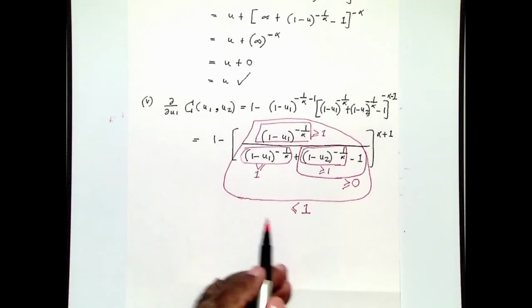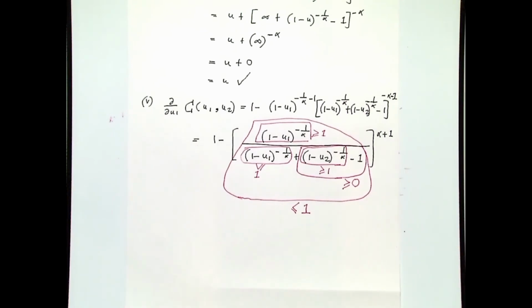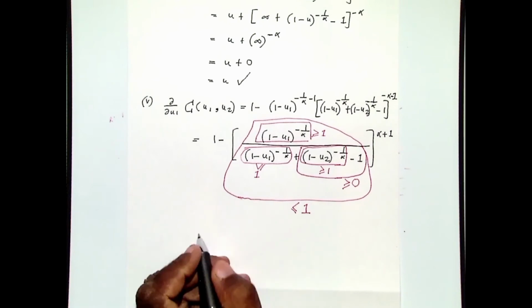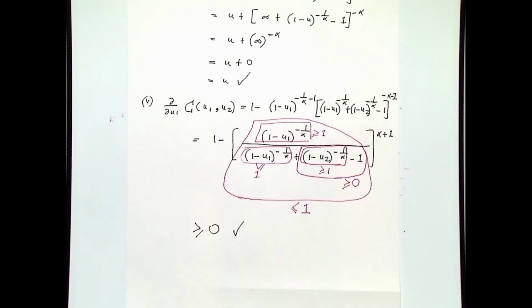So 1 minus this fraction to the power this has to be greater than or equal to 0. So hence condition 5 is satisfied. I hope you follow my argument. I will repeat that one more time for condition 6 so you can see what I mean.